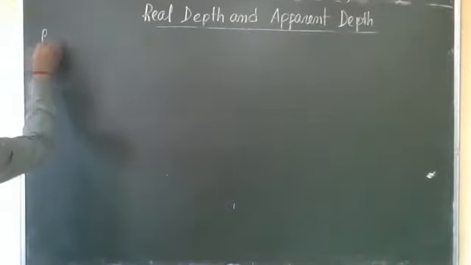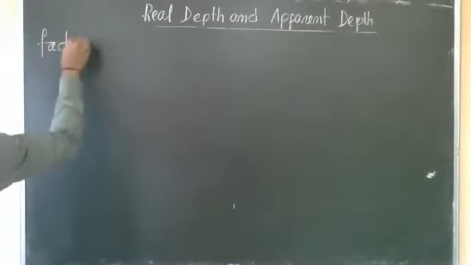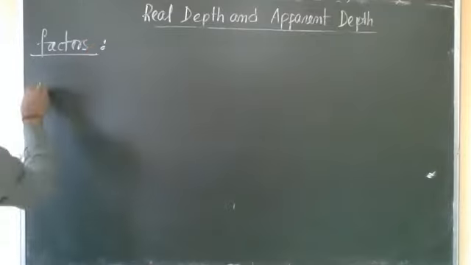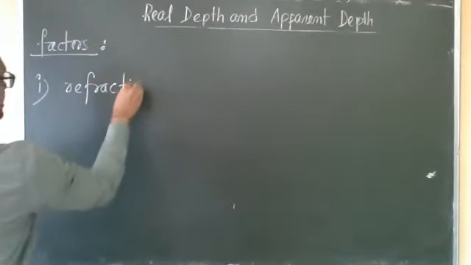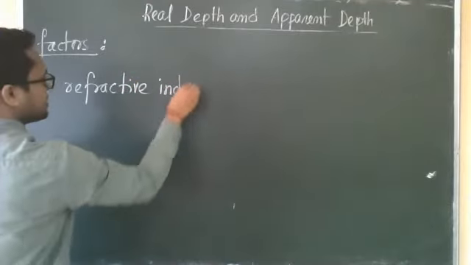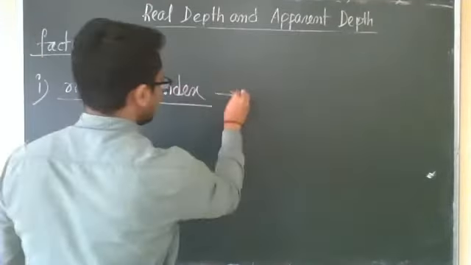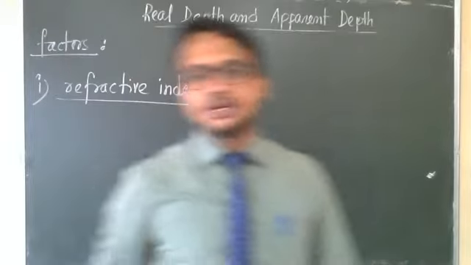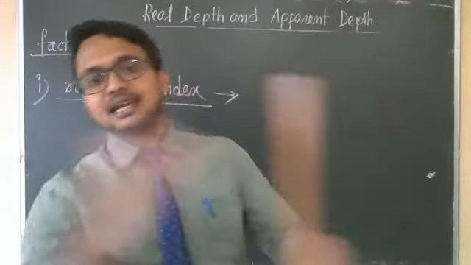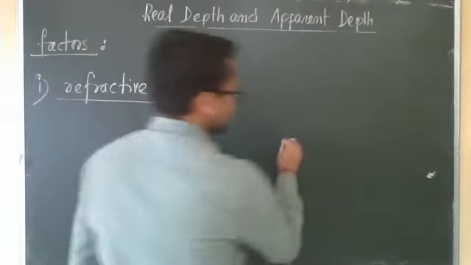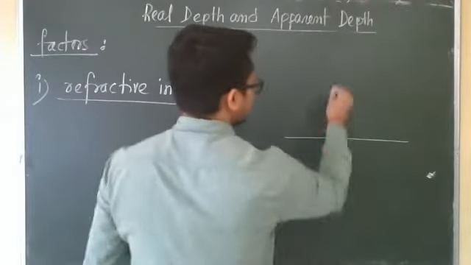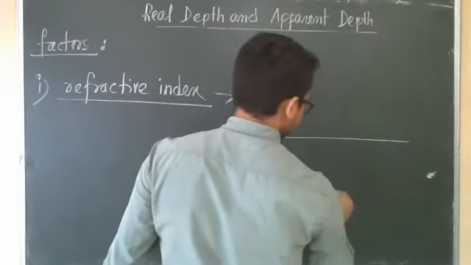So, factors affecting the shift. First one, refractive index of a medium. What is the function of refractive index? Refractive index bends the light. More refractive index means more bending. I am drawing just a rough diagram.